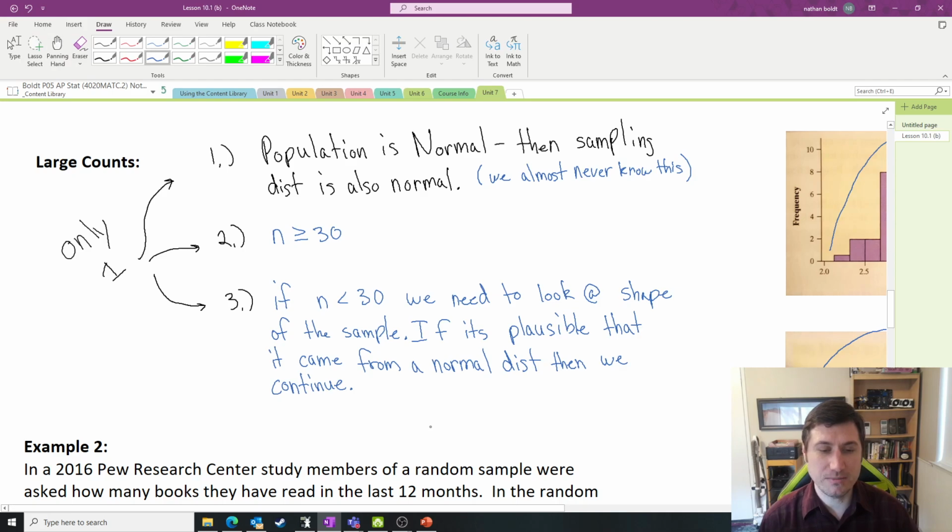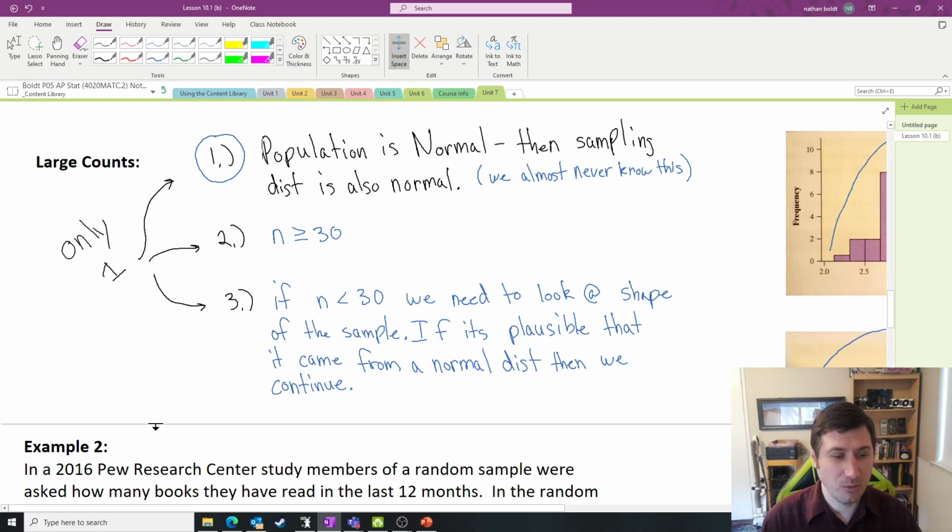So if we make a dot plot of our sample and we're like, yeah, that could have come from a normal distribution, then we kind of assume number one is okay and we move on with our lives.